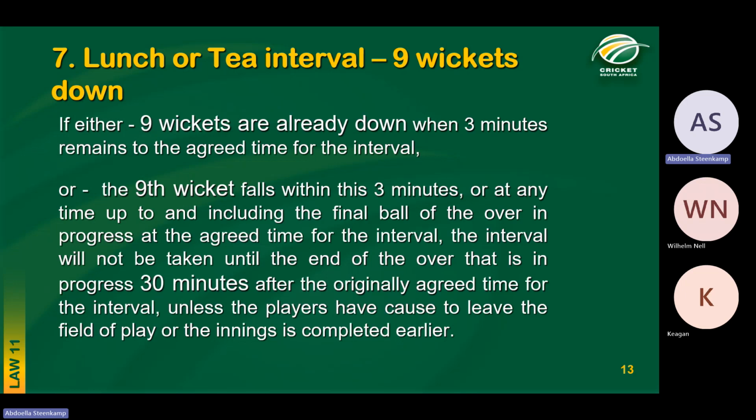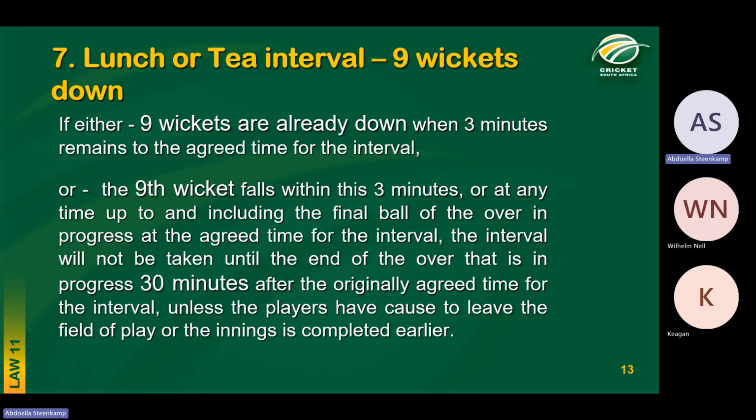If they're 9 down, and our tea is at 3 o'clock, let's say side A is 400 for 9. You look at your watch, you see it's 3 o'clock. Can you take tea time? No, you cannot take tea. The law now tells us you need to delay tea to a max of 30 minutes.